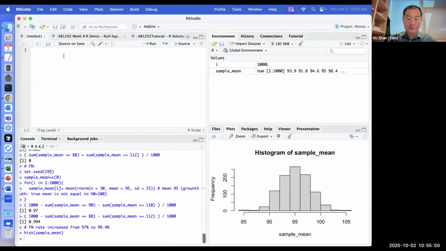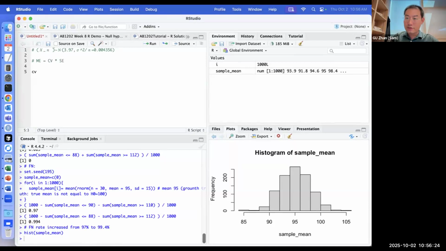We have this sampling distribution, right? So we want to calculate the confidence interval. First you calculate the margin of error, right? Margin of error is your critical value times standard error. So we need these ingredients.